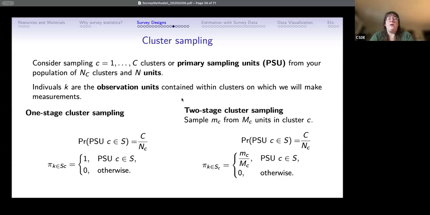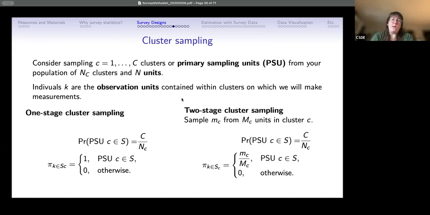Right. And the motivation for doing this is usually because we don't have a sampling frame with all of the students on it. And because it would be expensive to do a simple random sample of a list of students, even if we had it, and send surveyors to every school to just interview like one student at each school, right?